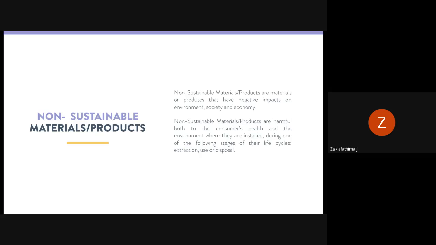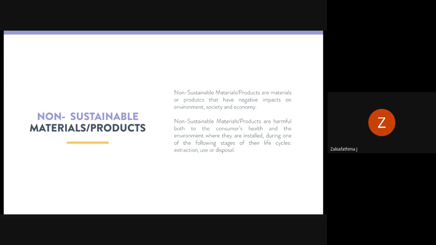And a non-sustainable material definitely has a lot of negative impact. It is negative to the environment, to your society, and to your economy. As in to say, it is harmful to your environment, it is harmful to society, as in it will affect the health of the consumer, and to the economy. It will be expensive.